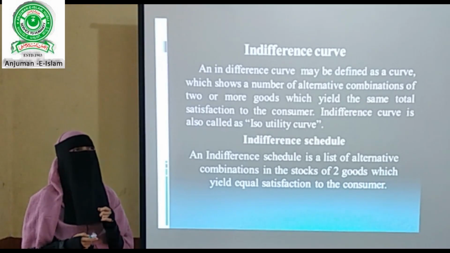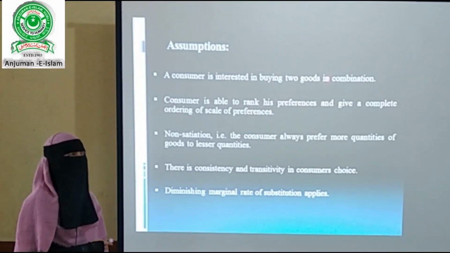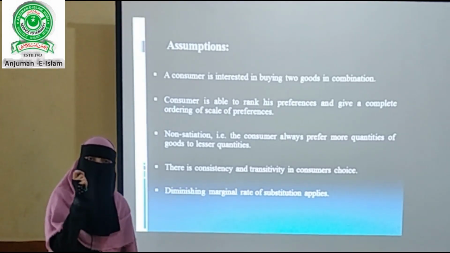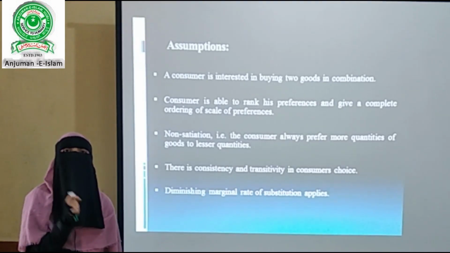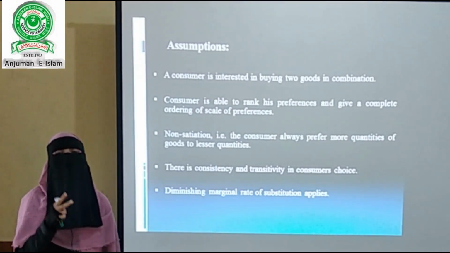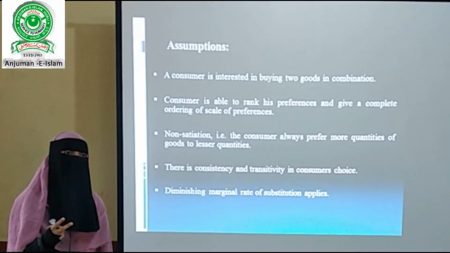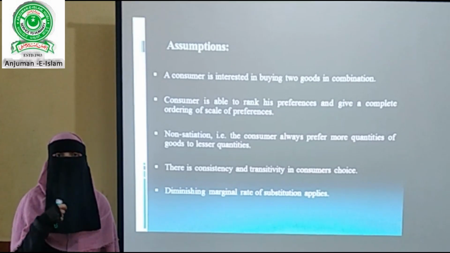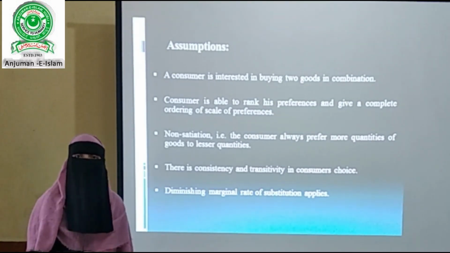So let's see, this indifference curve is based on two goods in combination. Now the thing is here, indifference curve assumes that the consumer is interested to purchase only two commodities. He is interested in only two commodities. This assumption is made to make it easy for us to understand the indifference curve analysis.